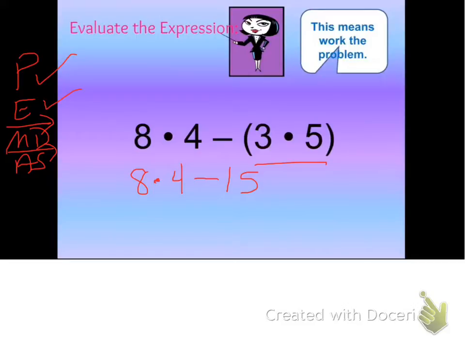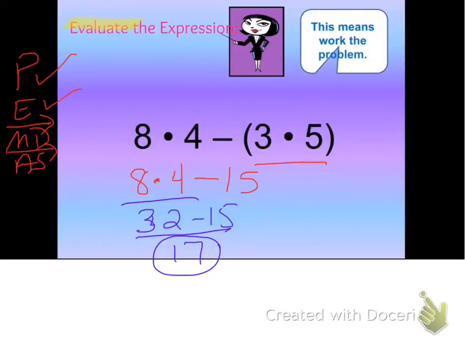Multiplication and division from left to right. I've got 8 times 4. Now, if I would have done the subtraction first, I would have had a problem. 4 minus 15 would have given me a negative. 8 times 4 here is 32 minus 15, which is 17. So that means that all of this, we can evaluate. Sometimes it says simplify, sometimes it says evaluate, and we get 17.